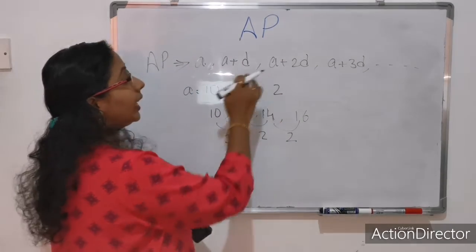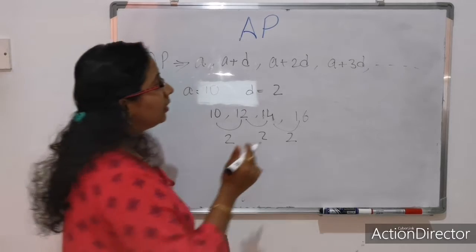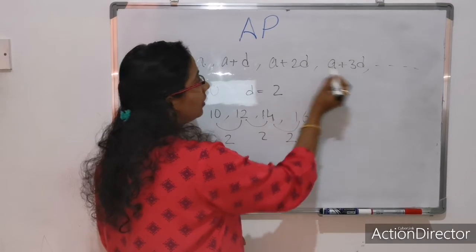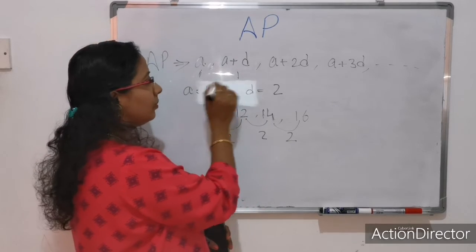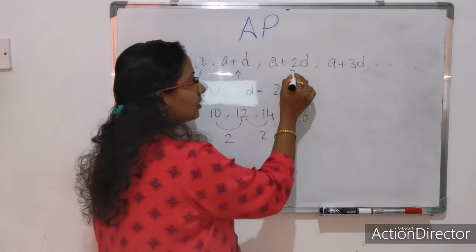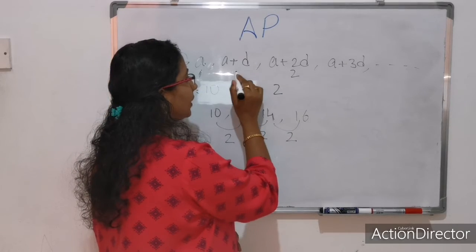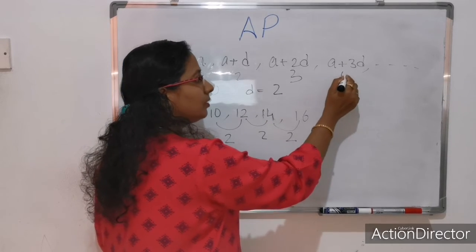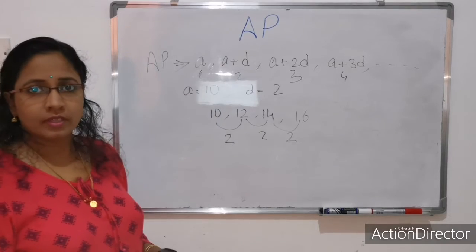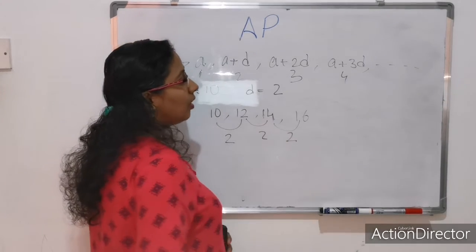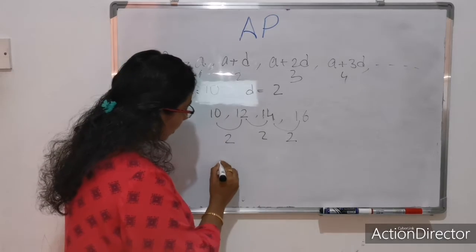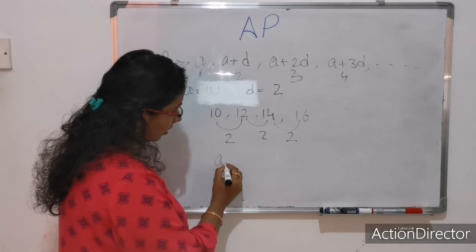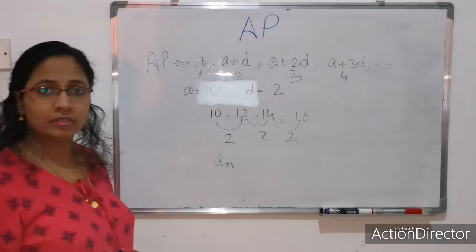Okay, so the nth term will be what? See, this is the first term, this is the second term, this is the third term, this is the fourth term, right? So for the nth term, what we can generalize is a n.